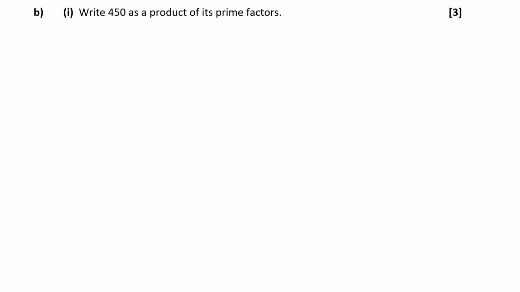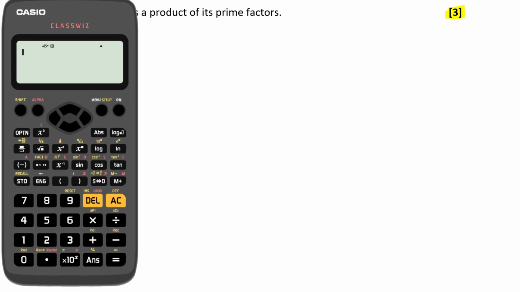Question B, part 1. Write 450 as a product of its prime factors. Now this is going to be the easiest 3 marks on the paper if you've got yourself a Casio calculator. And if you don't, it's a very good reason why you should rush out and buy yourself one this side of the exams, just for this one feature. It's the fact button on the calculator.